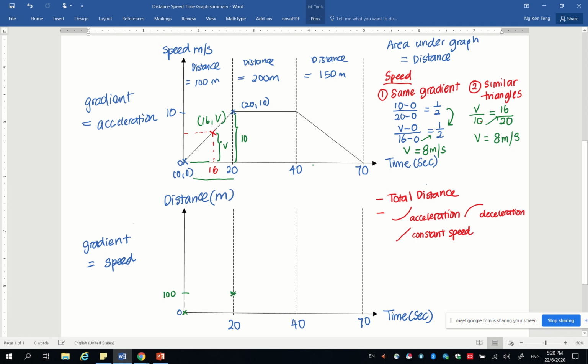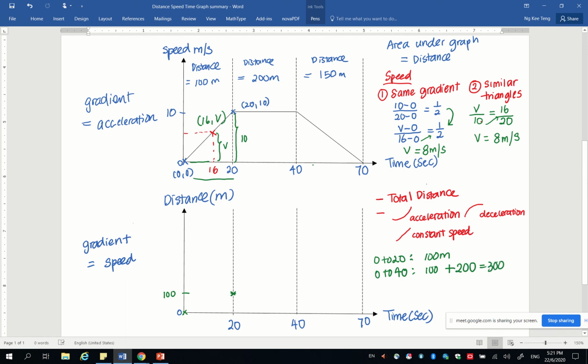But when it's at 40, I do not only travel 200 meters, I travel an additional 200 meters. So from 0 to 20, I traveled 100 meters in total. But from 0 to 40 seconds, my total distance is now 100 plus 200, which students will forget.